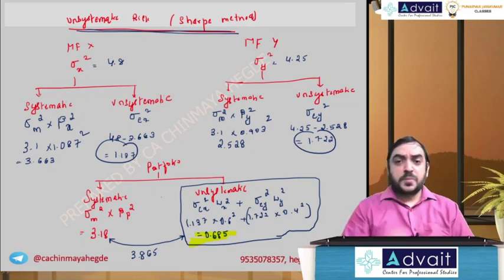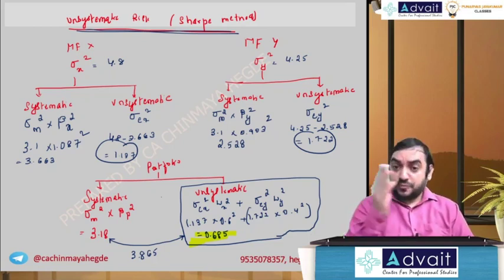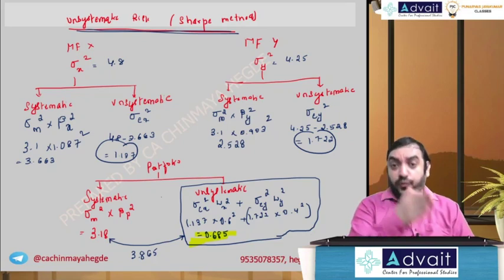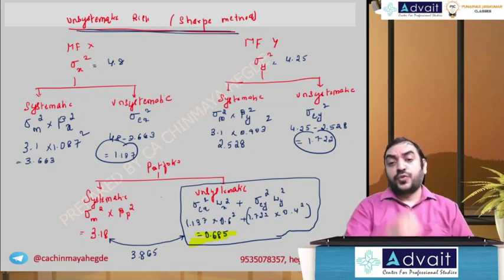So we have done the third part of the question: expected return, systematic risk, unsystematic risk. In fact, we have calculated all these three for X, for Y, and also for the portfolio.